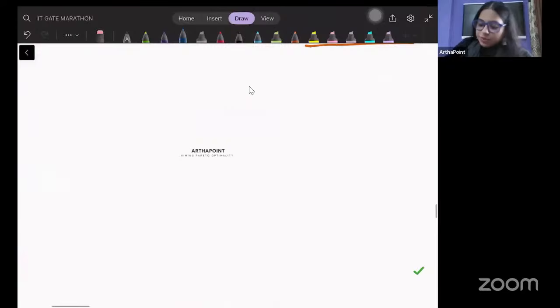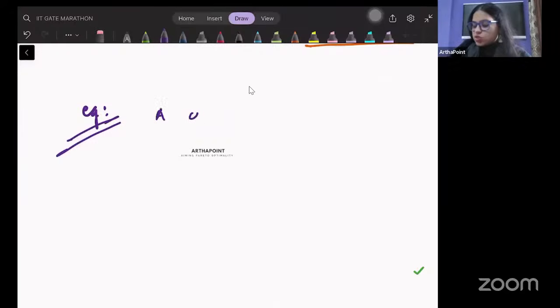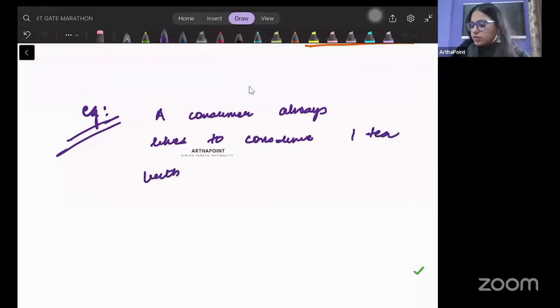So for example, if you are given that a consumer always likes to consume one tea with 2 teaspoons of sugar.